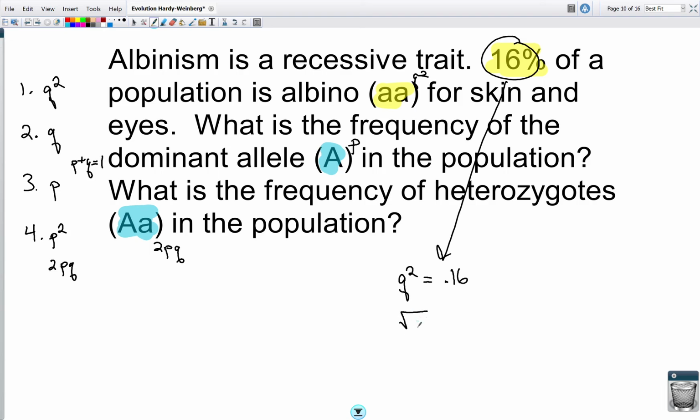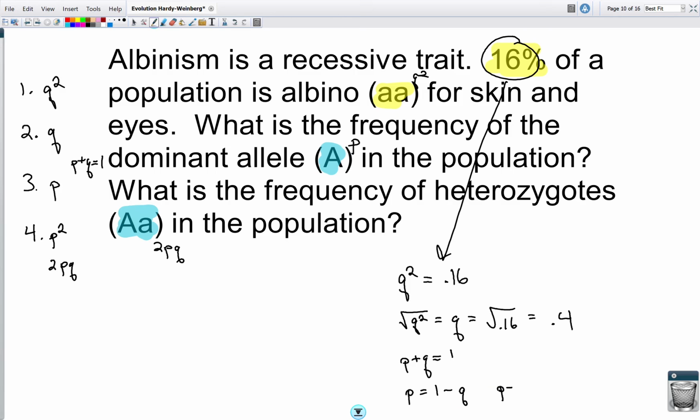I'm going to take the square root of q squared to give me q. So that means I'm going to take the square root of 16% to give me 0.4. That means that 40% of the population has a recessive allele. I'm going to use this equation, p plus q equals 1, and I'm going to solve for p by subtracting q from each side.